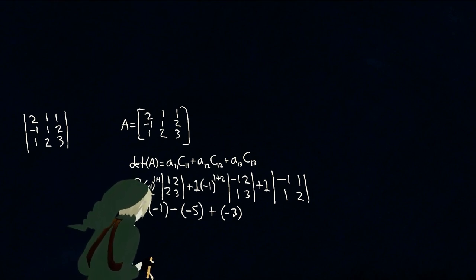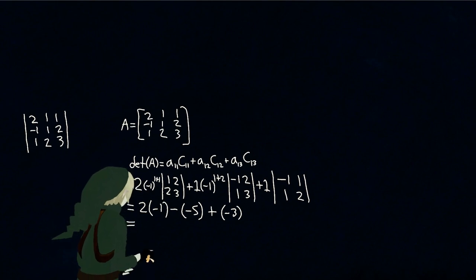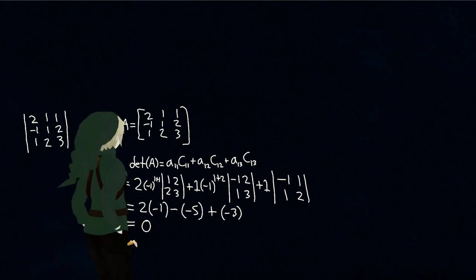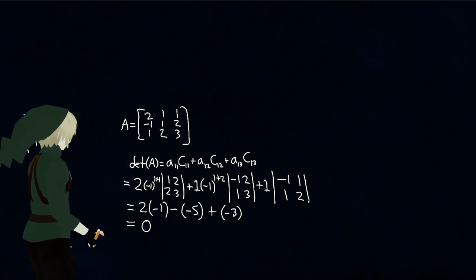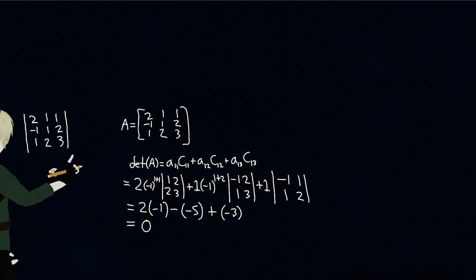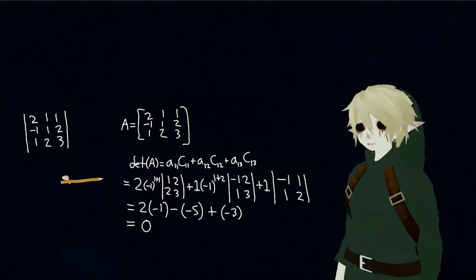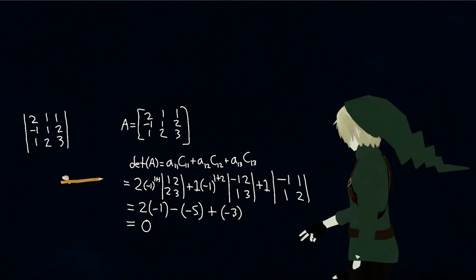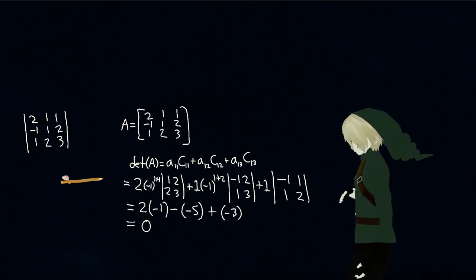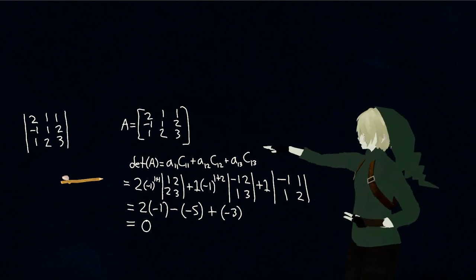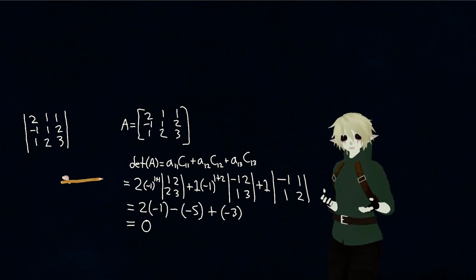And would you look at that? Let me double check if I'm seeing this correctly, because I'm getting 0. So the determinant of A, for this 3x3 matrix, is equal to 0.